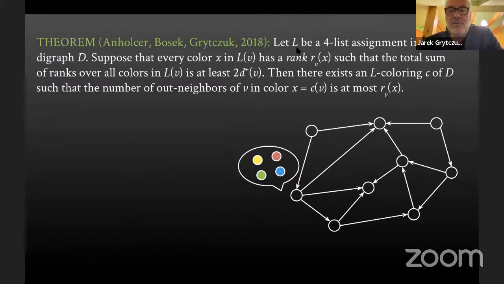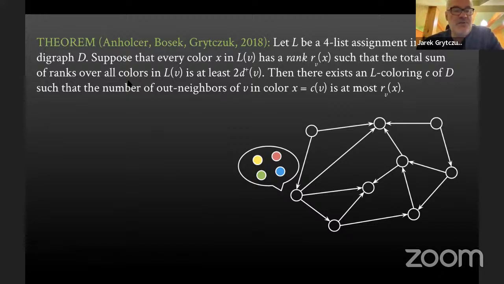We are given lists of size 4 at every vertex, but also every color in a list has something which we call a rank. In every list, every color has its rank, and this rank is just a real number. It can even be a fraction, or even 0 or a negative number.